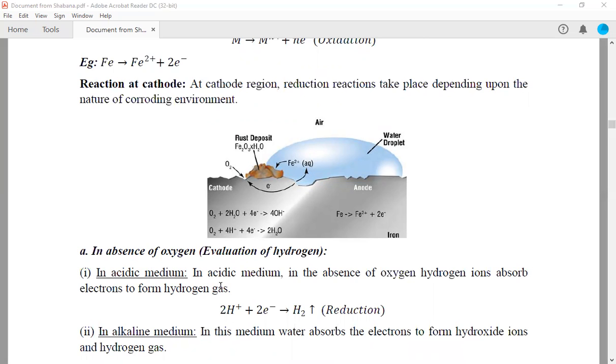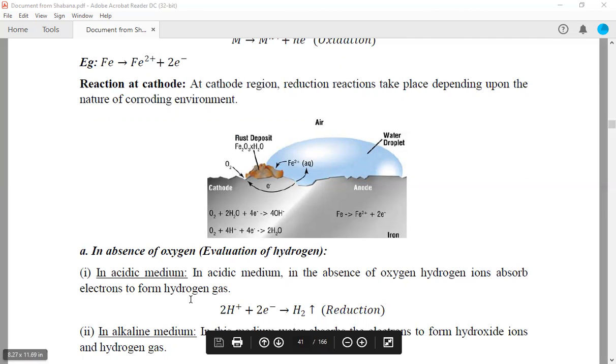The rusting of iron takes place in the acidic environment in the following way: at the cathode, the hydrogen ion absorbs electrons to form hydrogen gas.